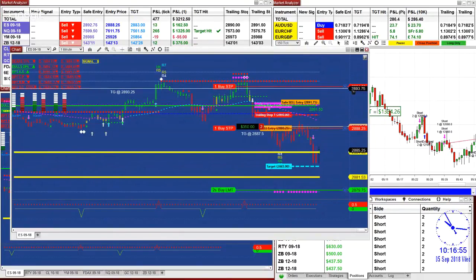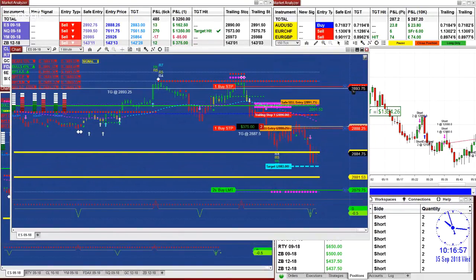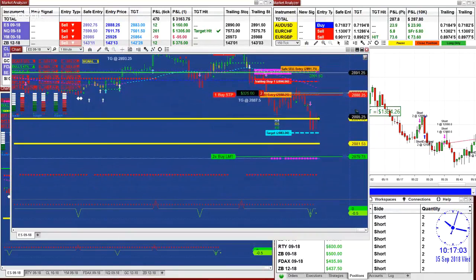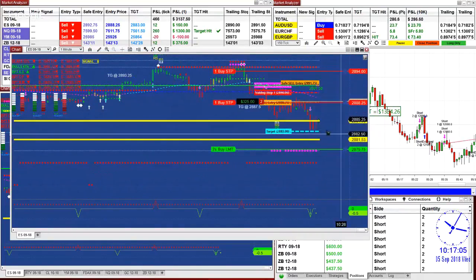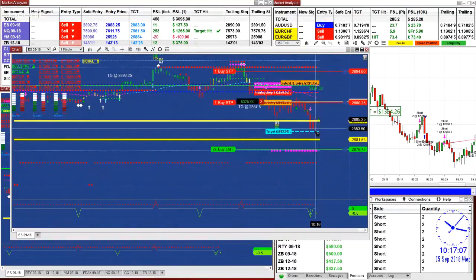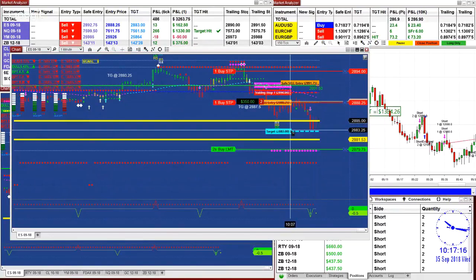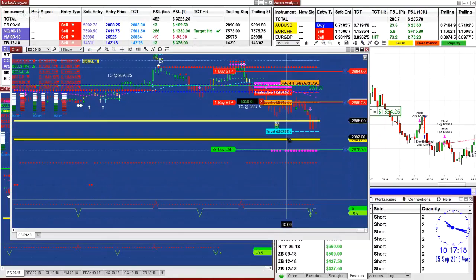But I do personally like the ATM strategy, because on the ATM strategy, I'm hoping to grab a little bit more on the plate than what the auto trade is putting for me. So technically, the auto trade has done its duty, its job. It gives me the entry and the target, and it's done, it's over. If you are using the fully automated, you're exiting that trade, and you are done with that trade.